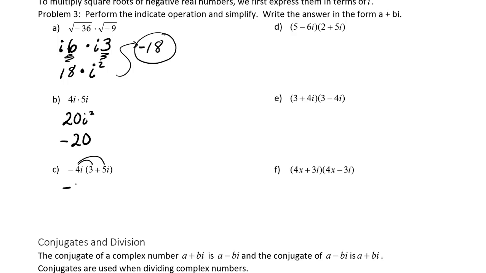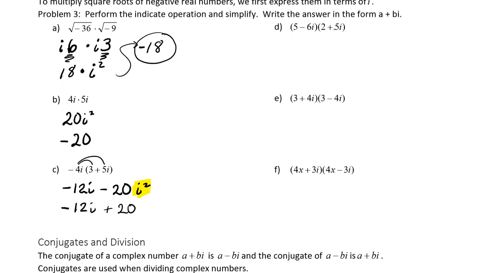This gives me negative 12i minus 20i squared. Now we know that we can't really simplify the i. We're not going to replace it with a root of negative 1. We're just going to leave it like that. But this i squared we know is equivalent to negative 1, so we'll have negative 12i plus 20.